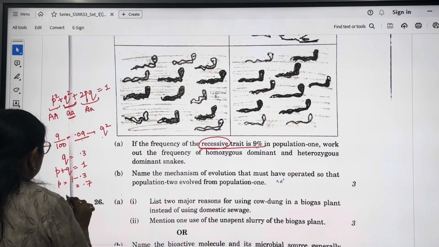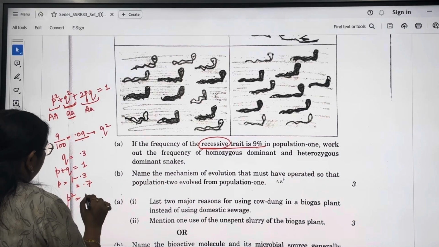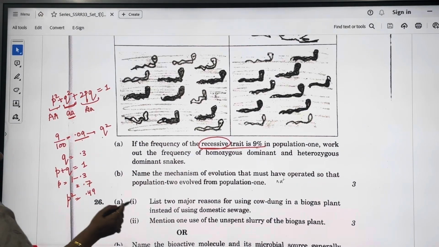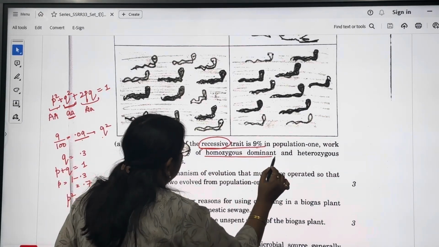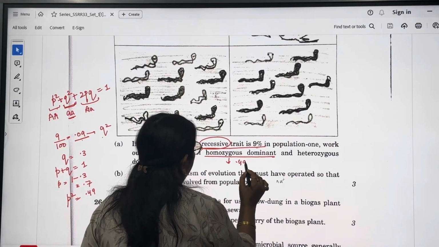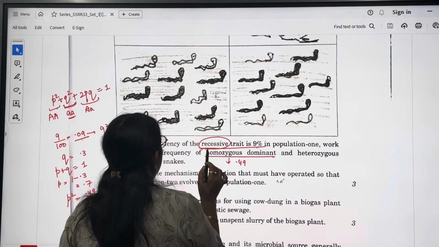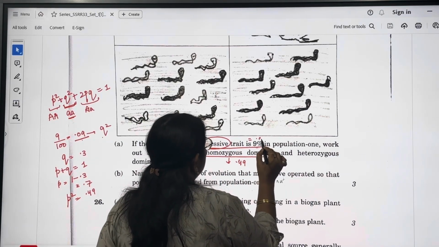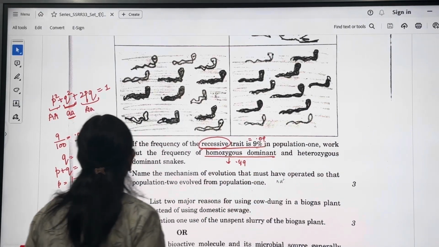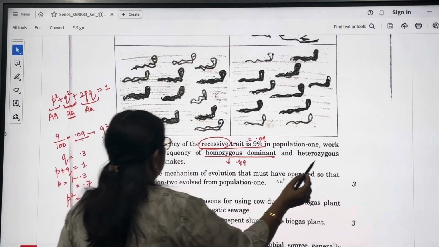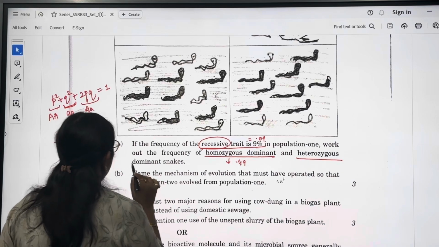So what will be p square? p square will be 0.49. So homozygous dominant frequency is 0.49, and homozygous recessive frequency is 0.09. Okay. Now, heterozygous dominant snakes.